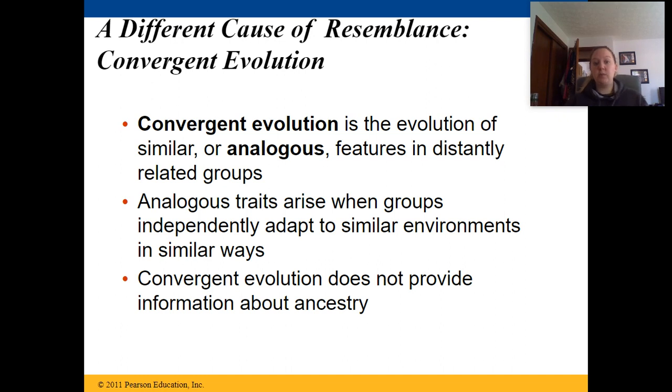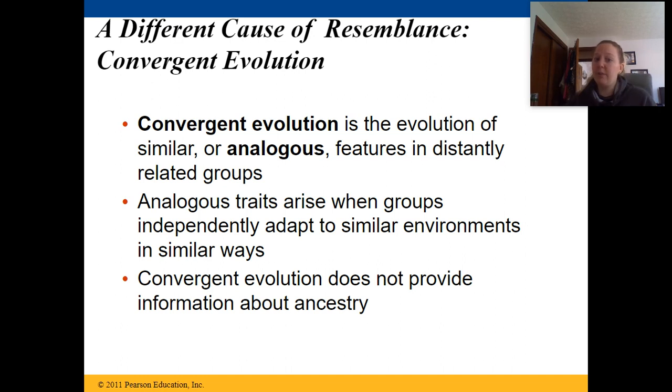Analogous traits arise when groups of organisms independently adapt to their environments, the same environment, in similar ways. So sharks and dolphins had to evolve to the environment of the ocean in similar ways, but they will never become the same species because evolutionarily, they are two different species.